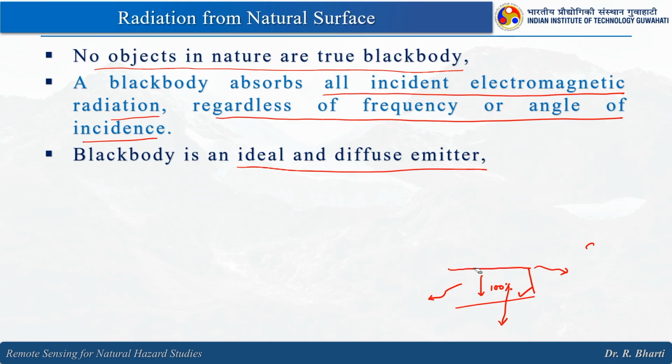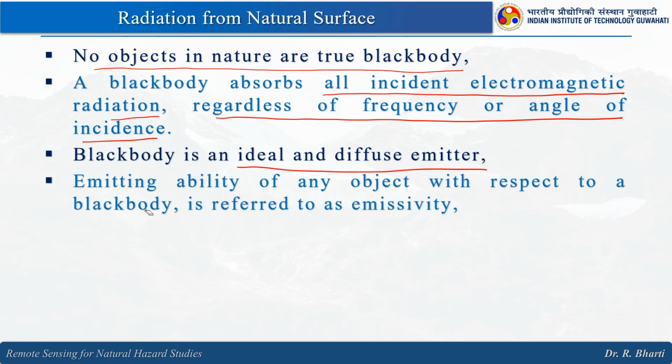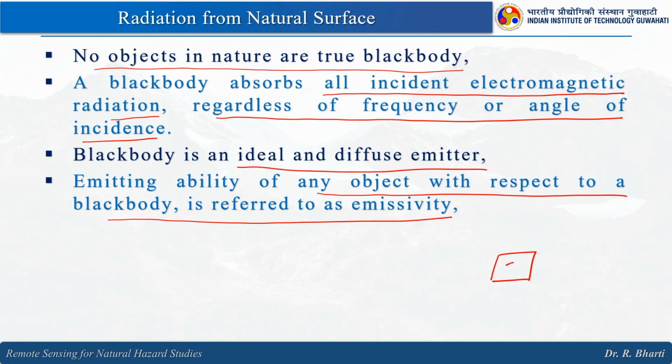Now, once we have that, can we measure the emissivity of a particular target with respect to a black body? The emitting ability of any object with respect to a black body is referred to as emissivity. So, we have the target and this is the black body, and since we are measuring the radiant energy, both the black body and the target should be at the same temperature, right.